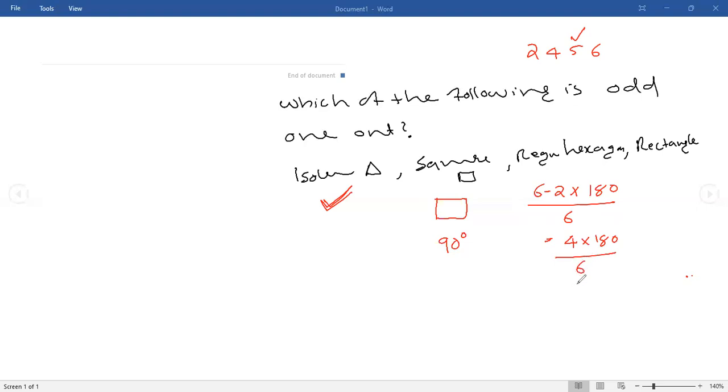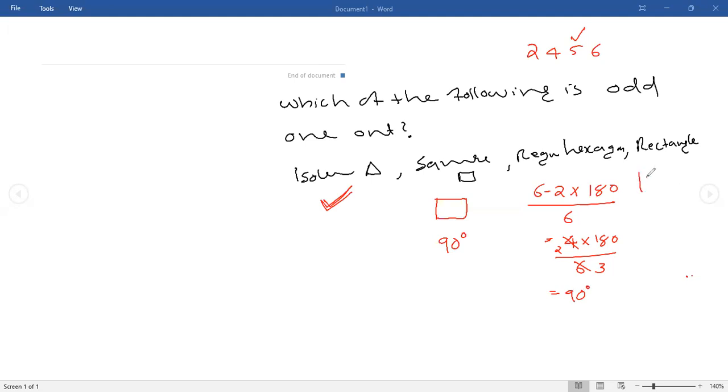What can we cut here? We can cut 2 and 4. So 2 into 180 divided by 3 will be the answer. That is 360 divided by 3. So you'll be getting 90 as the answer.